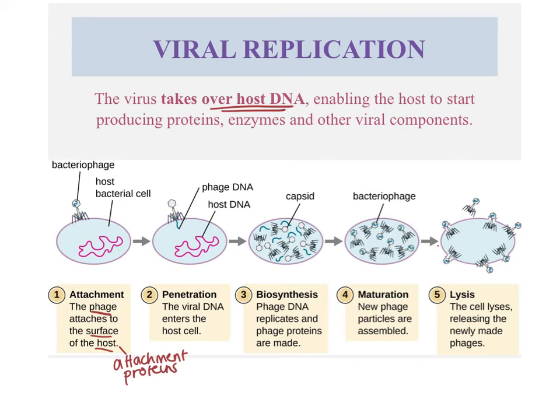Then what we've got is penetration, which is a horrible way of saying that the phage basically stabs the host cell and inserts its DNA into the host. Notice that the capsule and the envelope of the virus stay outside.